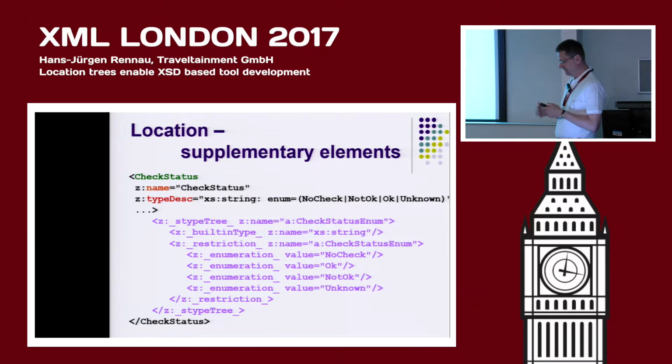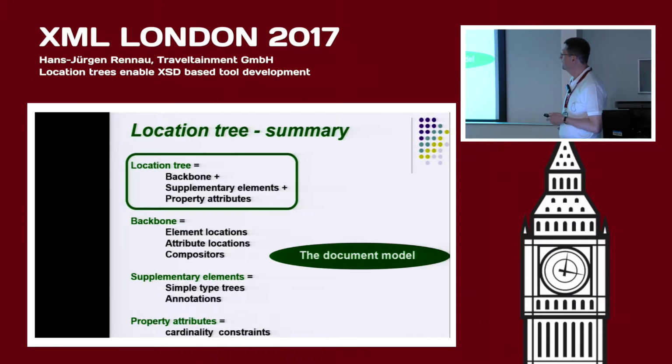So for example, again, this is an attribute location representing a check status attribute, and it has a user-defined type. And therefore, in the model, there is a child element which gives you a structured representation of the user-defined type to give the user of the model full access to all the information in the schema. And for example, schema annotations are also captured by such supplementary elements.